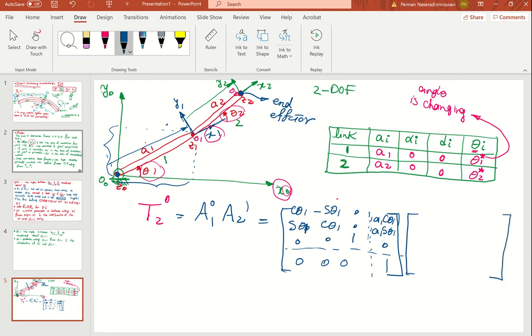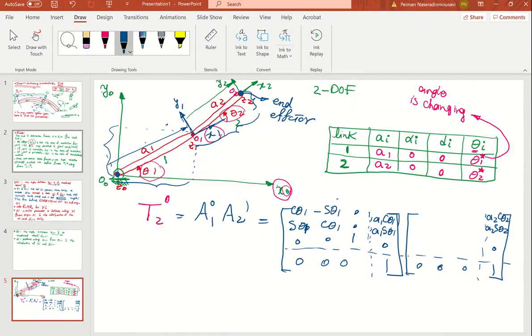Now for A2 with respect to 1, frame 2 with respect to 1. Again, the origin O2 with respect to O1 has these offsets: A2 cosine theta 2, A2 sine theta 2, and 0, 0, 0, 1.